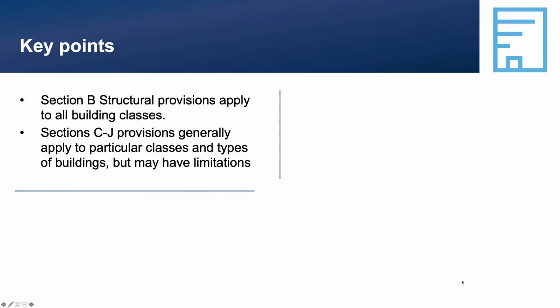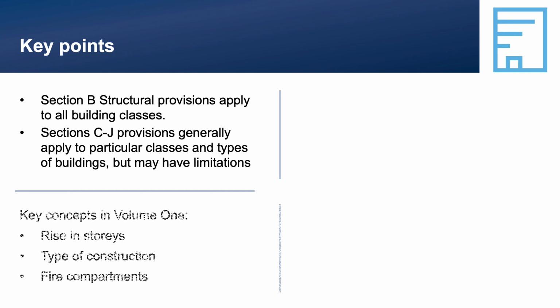The key points from this presentation are: Section B, structural provisions apply to all building classes. Sections C to J, provisions generally apply to particular classes and types of buildings, but may have limitations. The key concepts in Volume 1 are rise in stories, type of construction, and fire compartments.